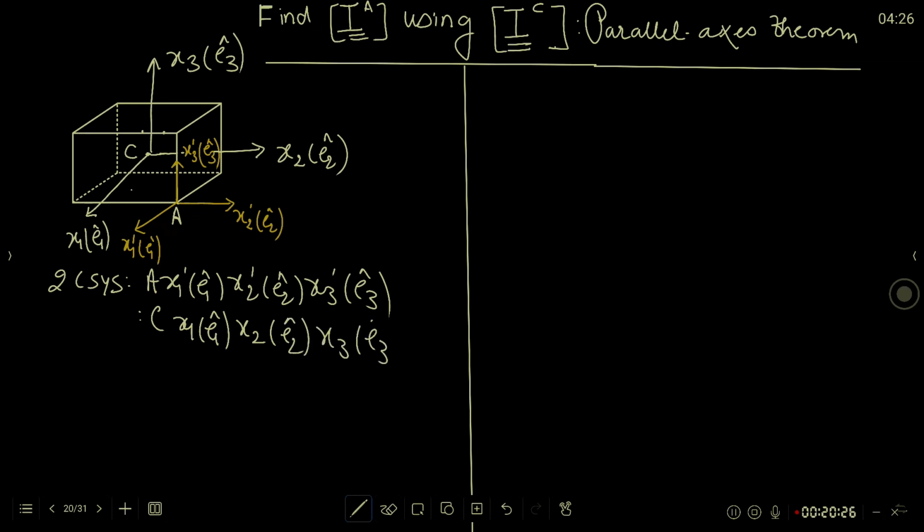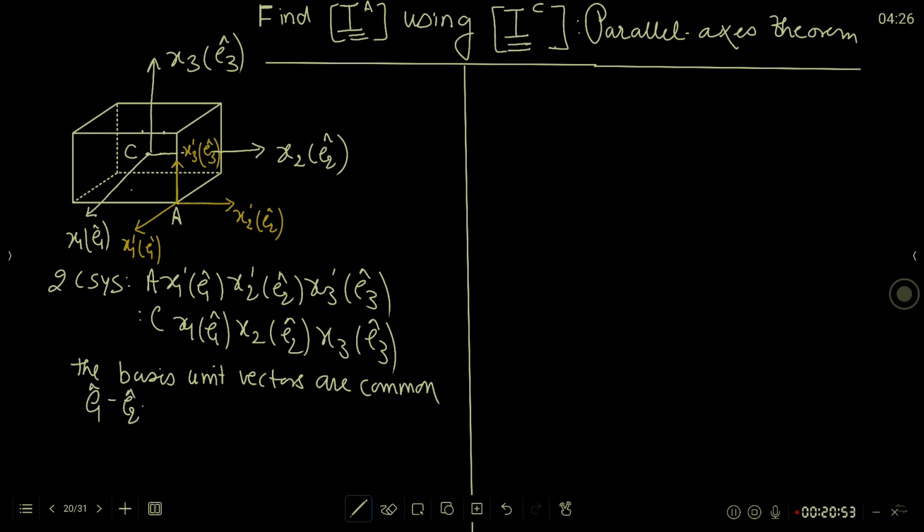These two coordinate systems have some things in common. What is common? The basis unit vectors are common. E1, E2 and E3, it's a common basis.